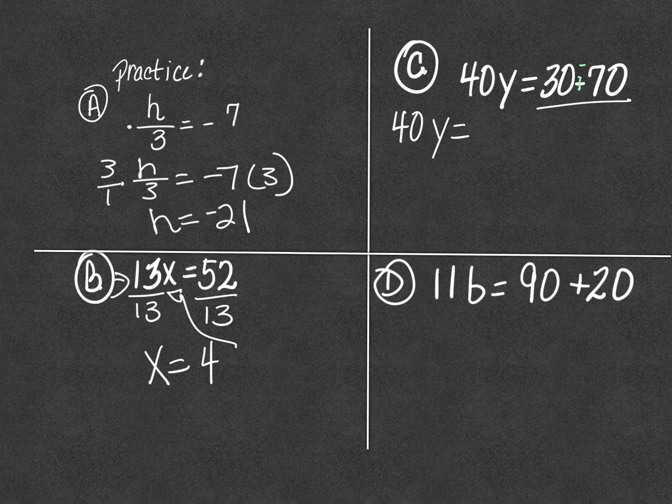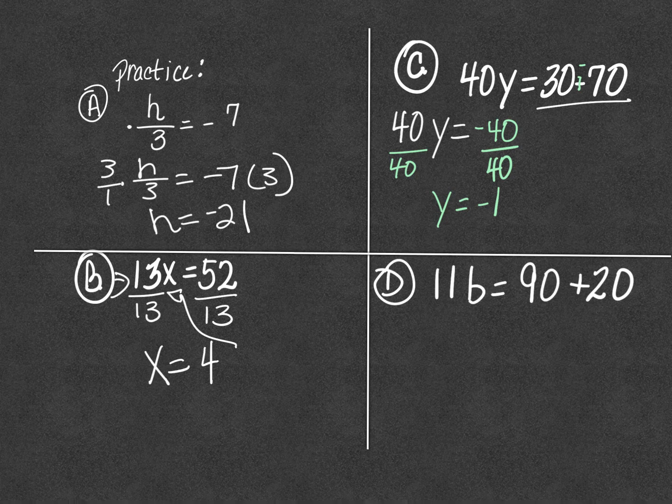So that is actually going to equal negative 40. Then I'm going to divide both sides by 40 because 40y is multiplication and the opposite is division. Negative 40 divided by 40 equals negative 1.